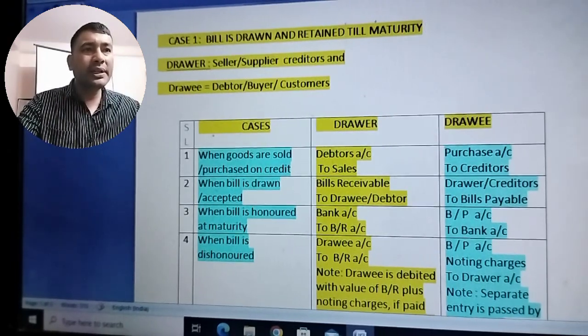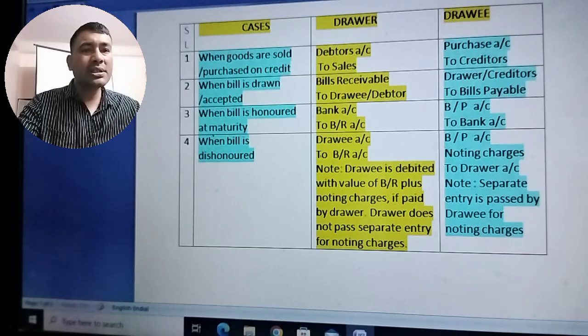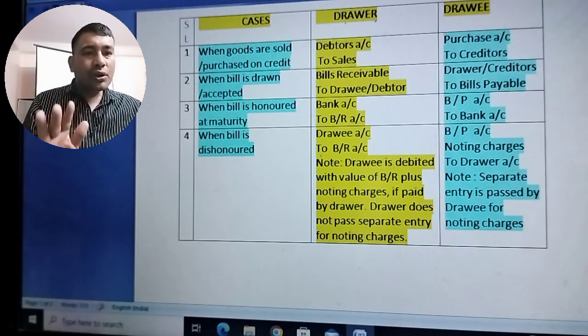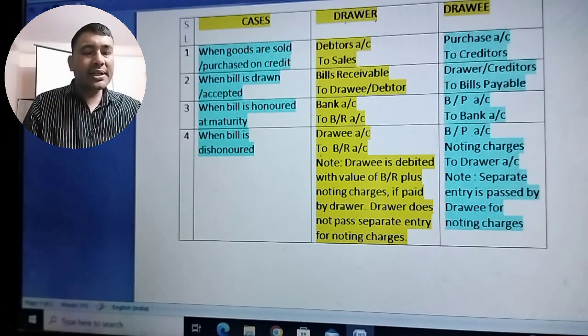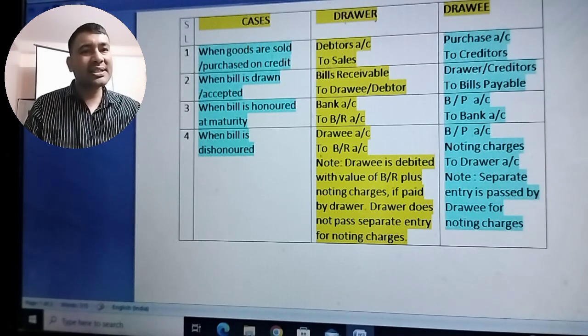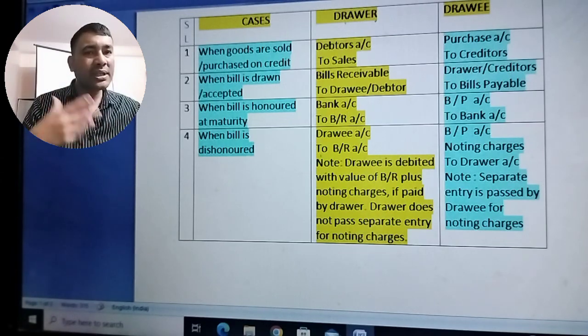If it is clear, I have given the note: the drawee is debited with the value of bills receivable plus noting charges if paid by the drawer. The drawer does not pass a separate entry for noting charges. So we are not seeing any entry for noting charges in the books of the drawer. So whenever a bill is dishonored, the drawer has to debit the drawee and credit the bills receivable in case of retaining the bill.